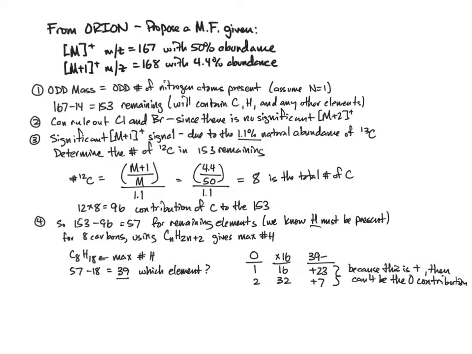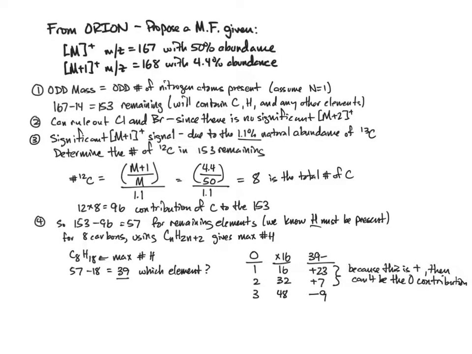So let's do the following. We're going to take 3 oxygens times 16, that's going to get us 48. And I apologize, my son is babbling in the next room. So we're going to take 39 minus 48. Now that's going to give us a negative number, -9.